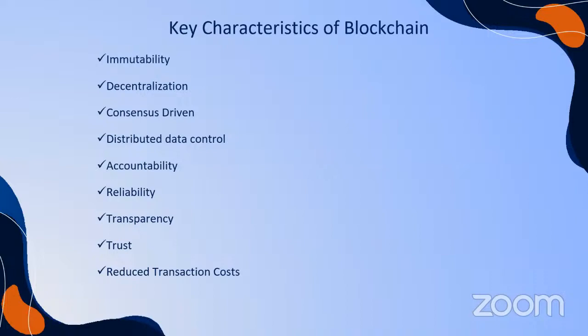Consensus driven: consensus is a dynamic way of reaching an agreement on a single data value among the distributed nodes. And distributed data control: any changes to the data stored on the ledger are reflected simultaneously to all the participant nodes of the ledger.